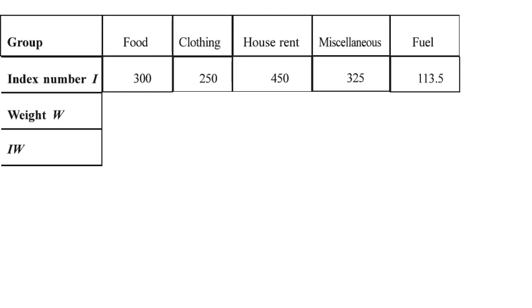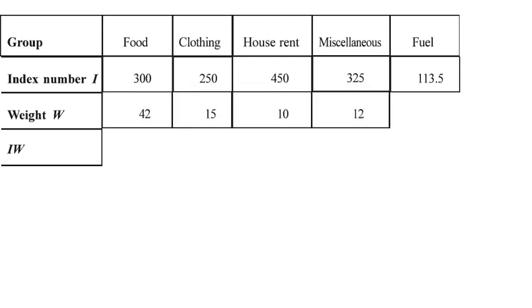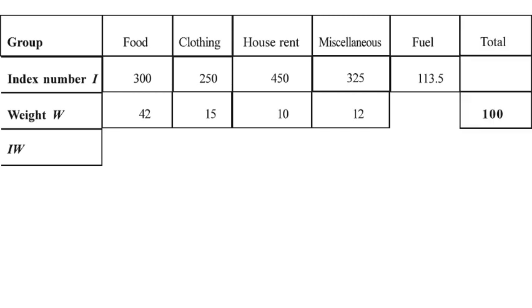Here I have written it as a round figure value because that is how we should be doing it in round figures. Weights. Now for food, clothing, house rent and miscellaneous, the percentage of expenditure was directly given as 42, 15, 10 and 12. As I know, the total of percentages should be 100. If you add these four percentages and deduct the total from 100, the remainder will be 21.